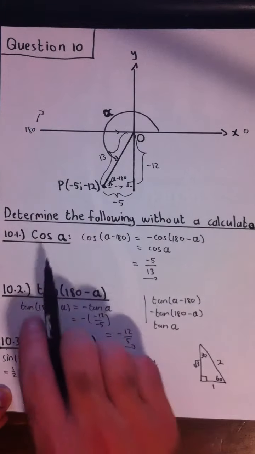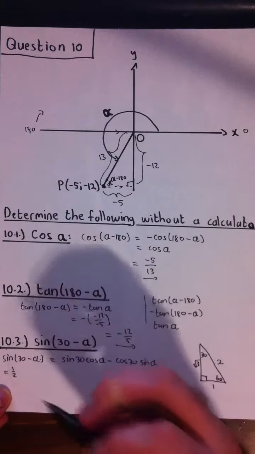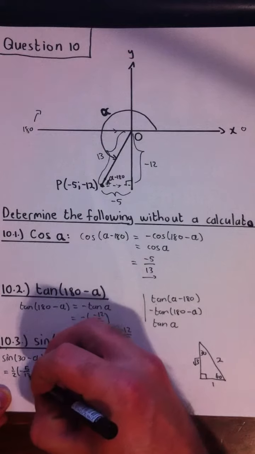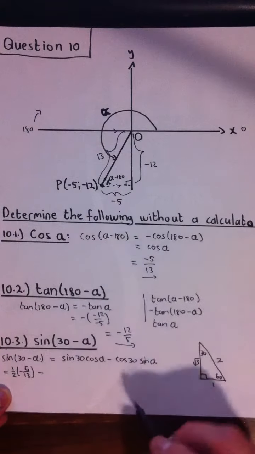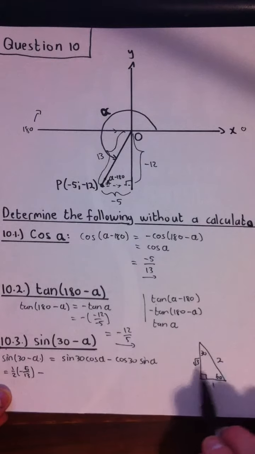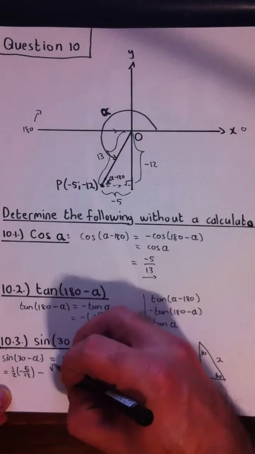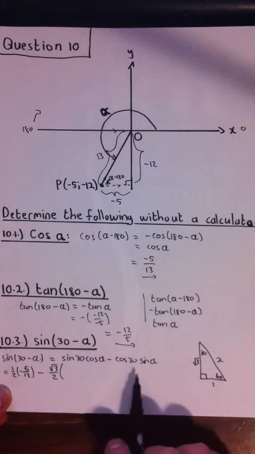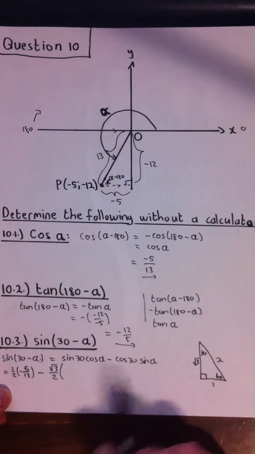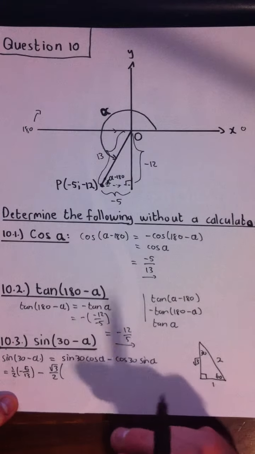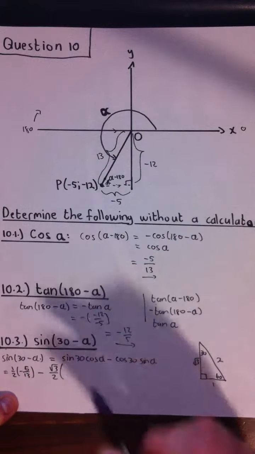Cos of alpha, we calculated, is negative 5 over 13, minus cosine of 30, it's adjacent over hypotenuse, so it's root 3 over 2, multiplied with sine of alpha. Now sine of alpha we haven't calculated yet, but that turns out to be negative 12 over 13.